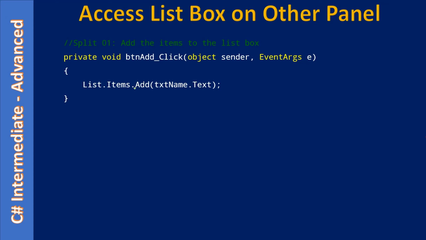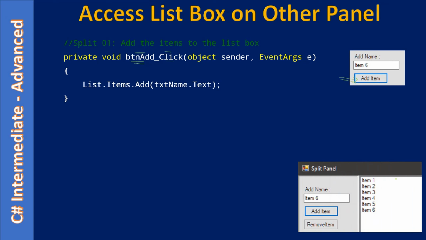Here, if you see, we are implementing the click event for the add item button, and btn add is the name we gave, and the event here is click. And if you see, we are accessing this list control here.